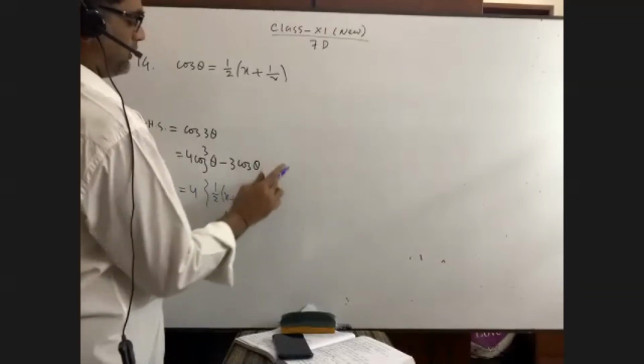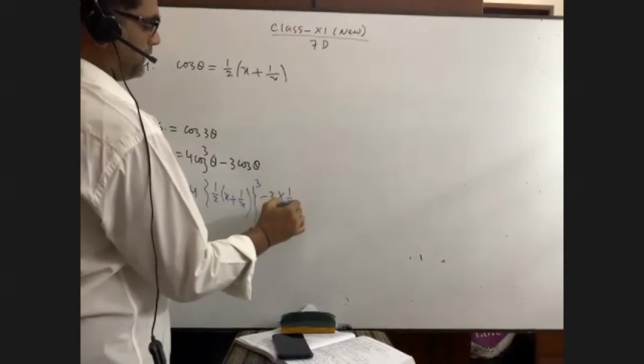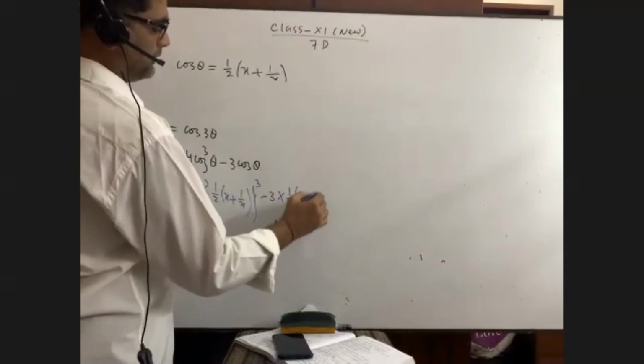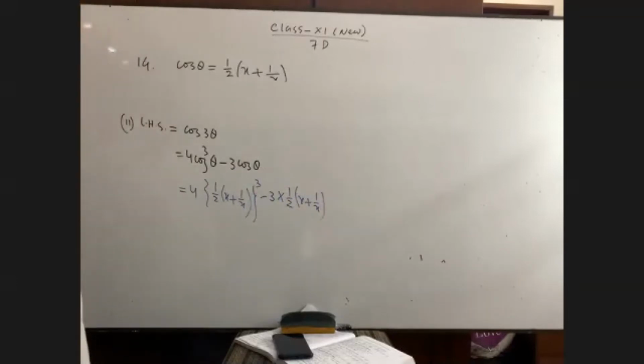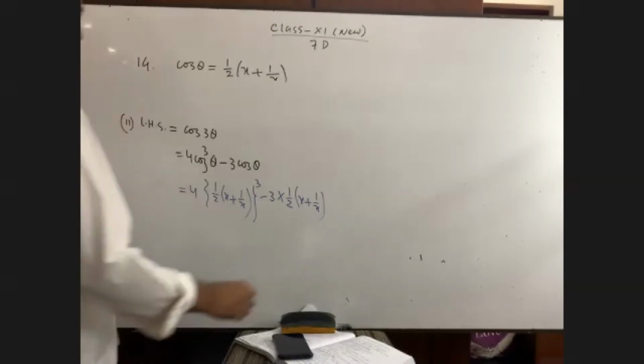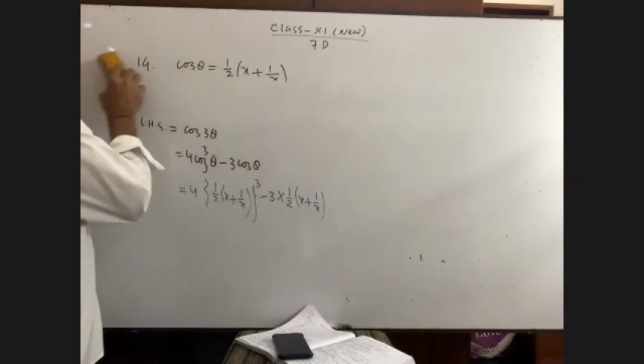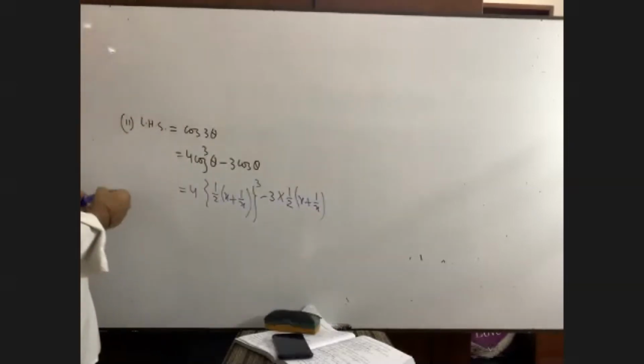Cos theta equals half into half. This is the math. Okay. Now you calculate. Equals to what?